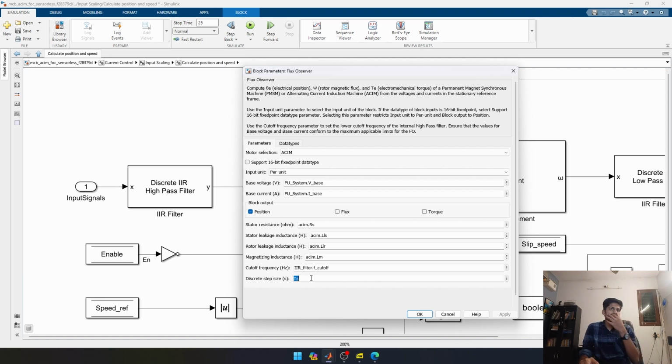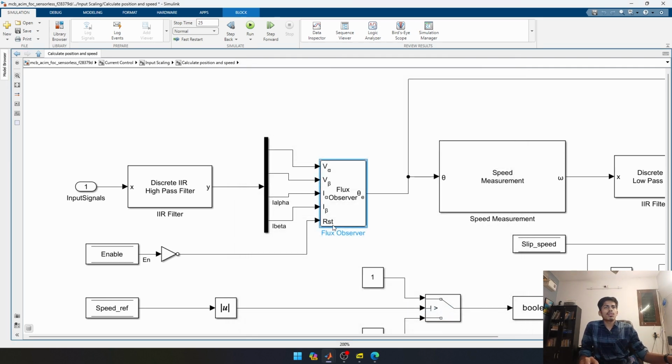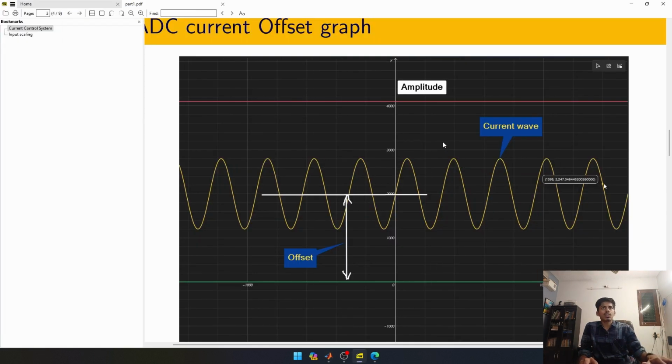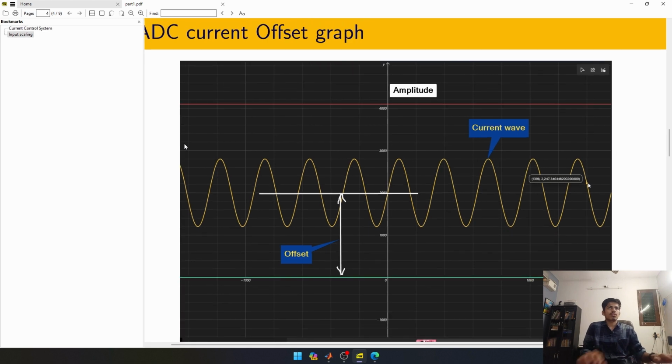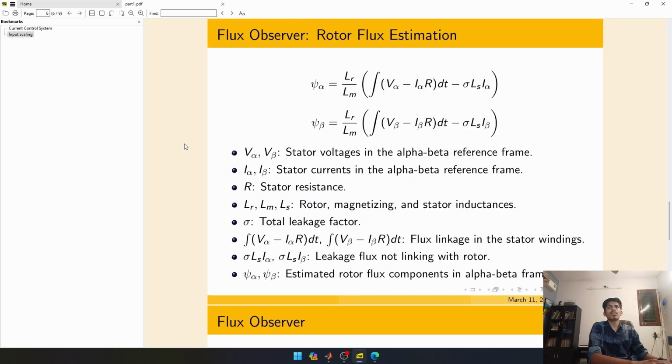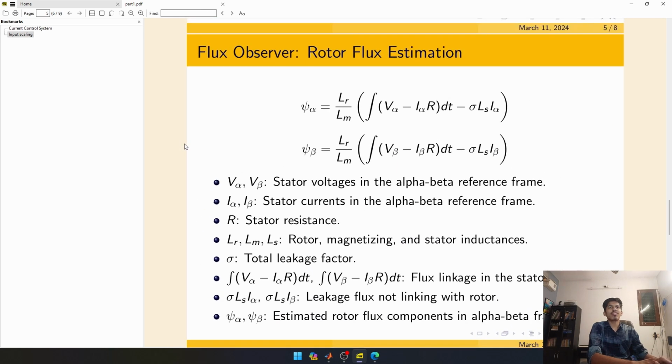TS is our sampling time. We will take a look at the equations. So this is the flux observer block. You can search for flux observer MATLAB and get the documentation.